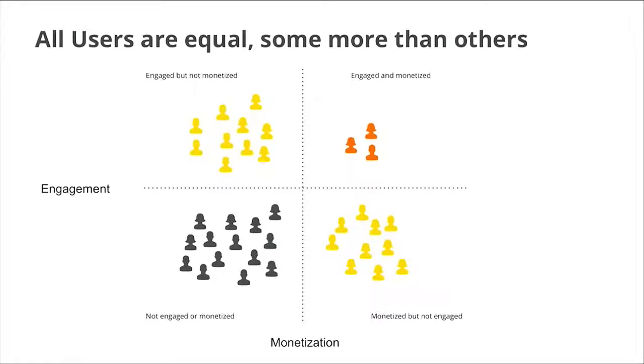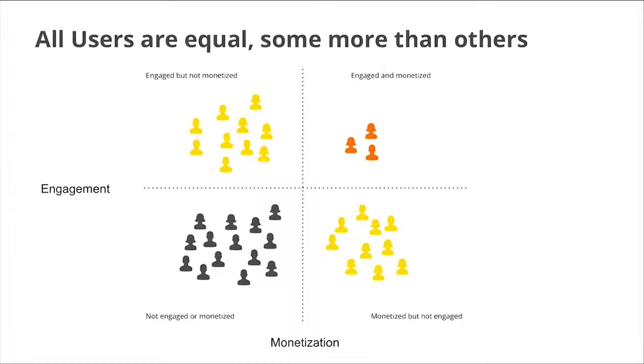Now, it's pretty obvious from this that the point of your game, and for any business really, is to get as many people into the top right quadrant as possible. Especially in the context of your game, that means having highly engaged users who monetize, who find it worth their while to spend money to get some value out of the game. The folks on the top left are the guys and gals who are engaged, and who you could nurture a little bit to try and move them into the right quadrant.